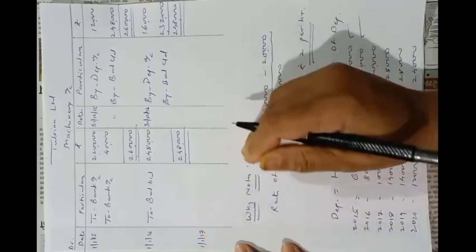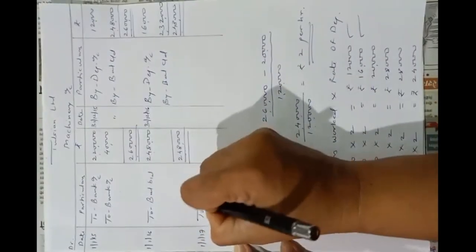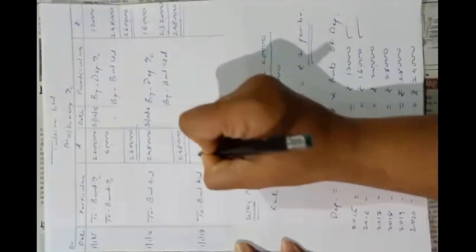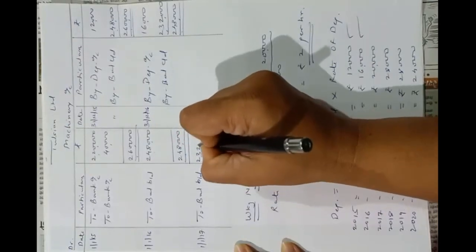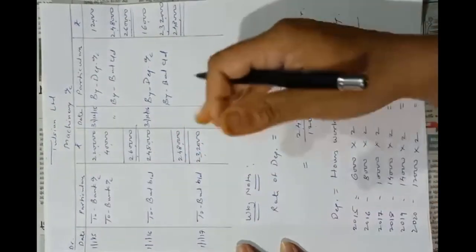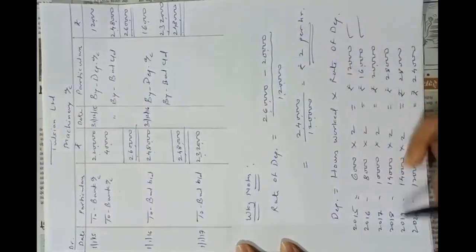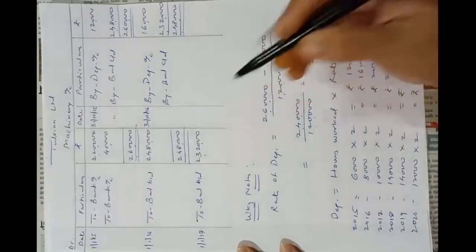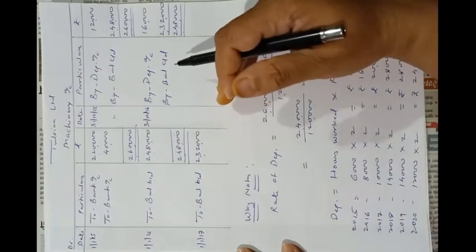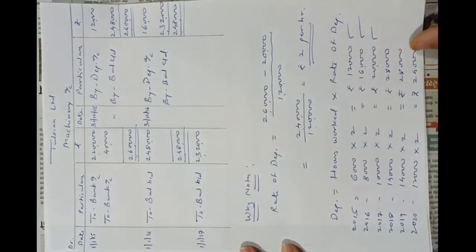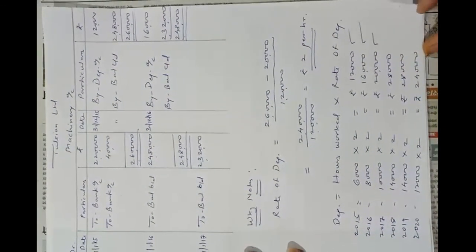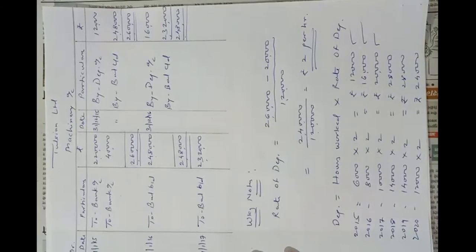It will be brought down on 1st January 17. Then we will show depreciation again rupees 20,000, and then we will tally. In this way you have to prepare the remaining account of 17, 18, 19 and 20 in your notebook, and if there is any doubt you can ask. Okay, that's all.